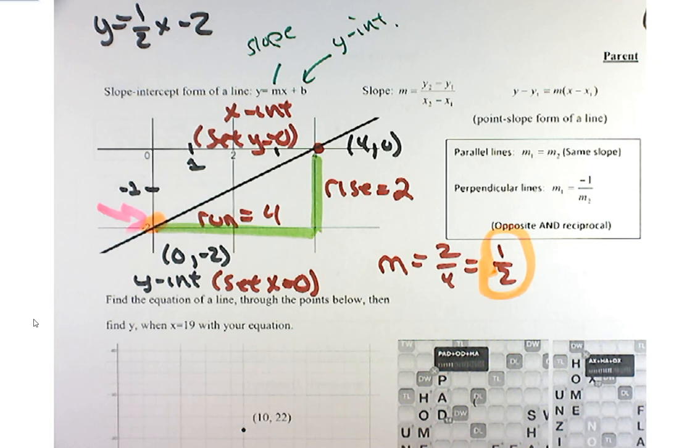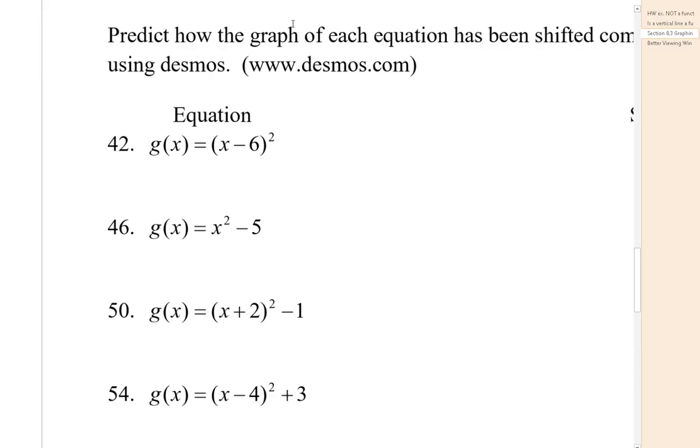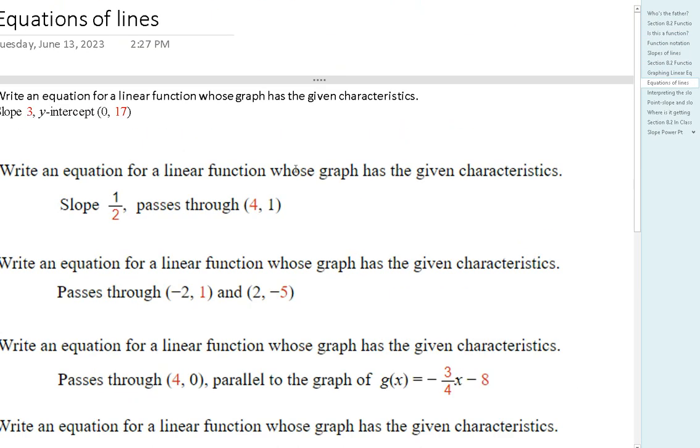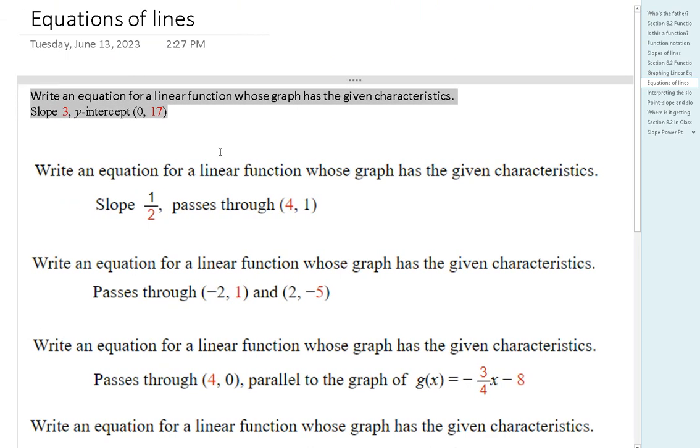Let's do a couple problems then from my little OneNote here. Let me jump up to that. So let's start out with something like this. It says, write an equation for a linear function whose graph has given characteristics. It has a slope of 3 and a y-intercept of 0, 17.